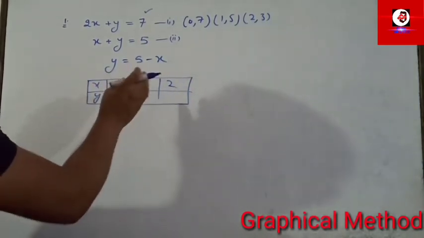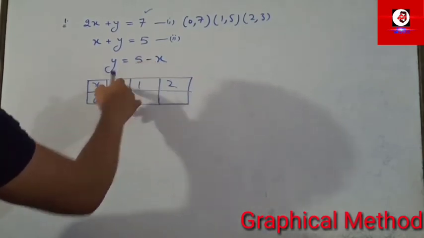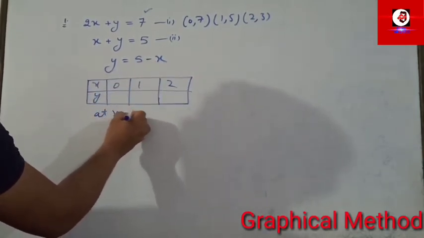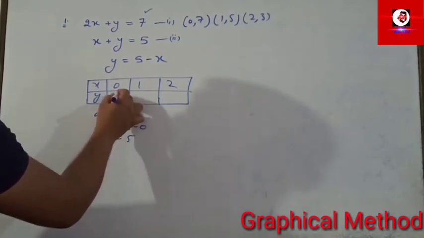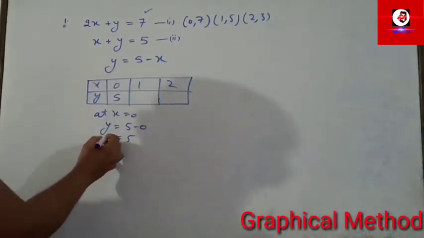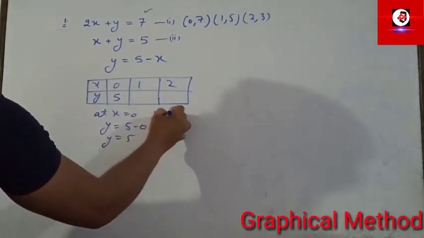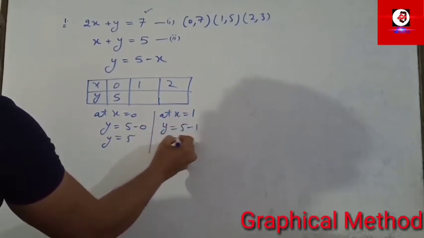At x equal to 0, y is equal to 5 minus 0, which means 5. At x equal to 1, the value of y is 4.